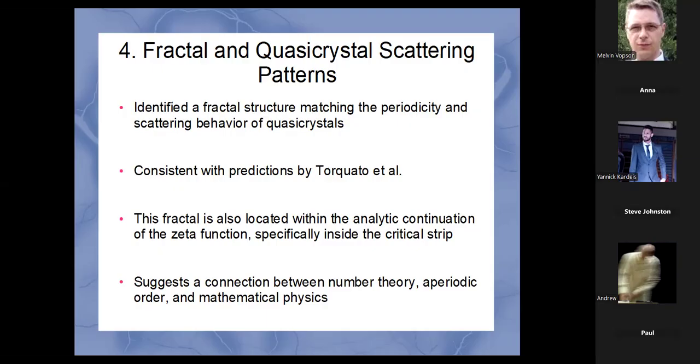They made 2018 experiments with X-rays and quasicrystals, and then they compared it to prime numbers, and somehow the fractal we found shows exactly the same structure as the predictions they made.